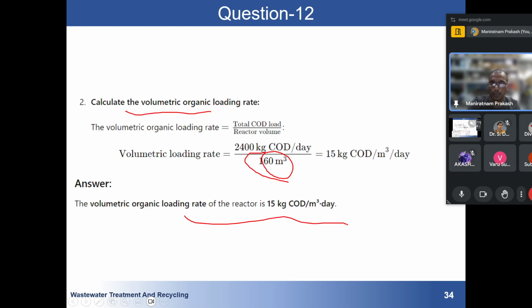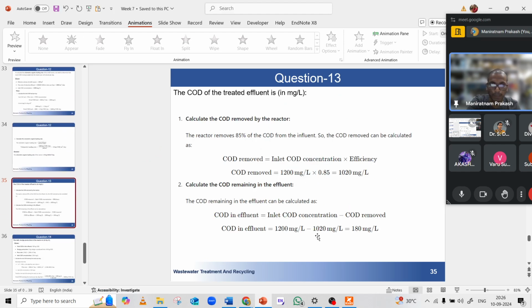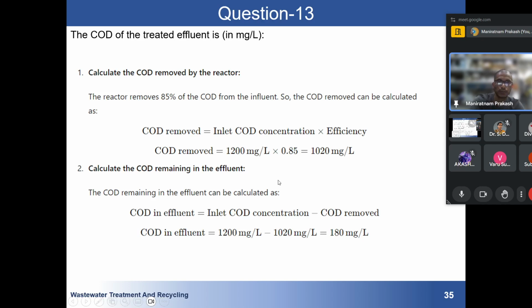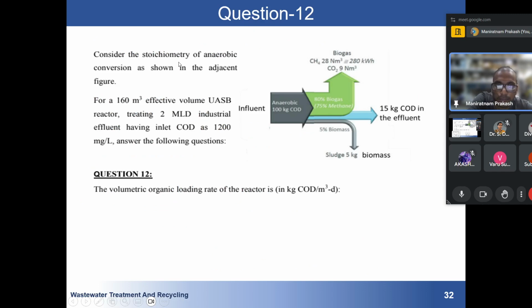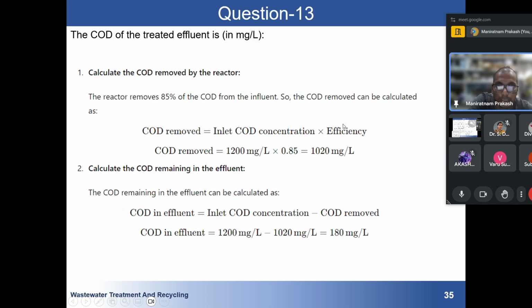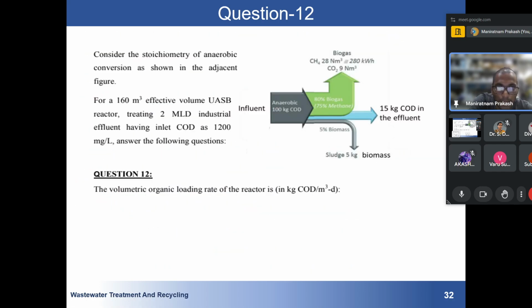Again, we have one other question. If you now see this problem, it says that we have to calculate the COD of the treated effluent, and remember that 80% is getting converted into biogas and 5% is converted into biomass.